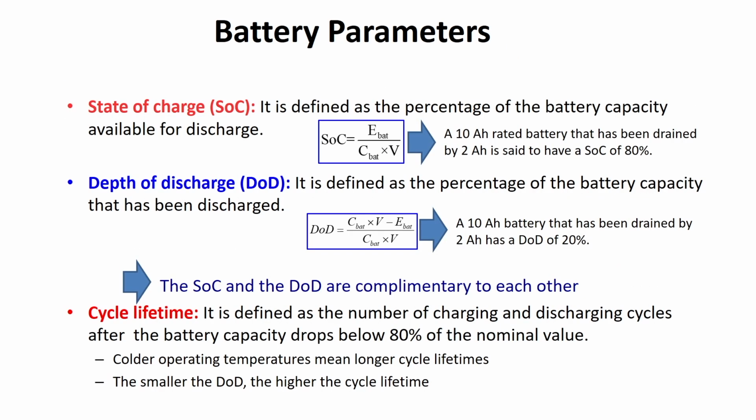A few more parameters we need to learn, like state of charge. How do we define state of charge? It is defined as the percentage of the battery capacity available for discharge.